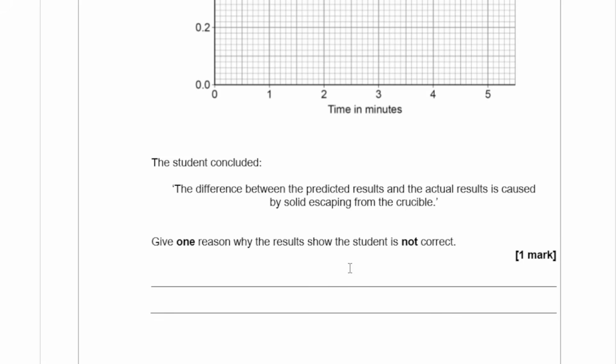The student concluded the difference between the predicted results and the actual results is caused by solid escaping from the crucible. If the solid escaped, then the final mass should actually change. But it doesn't. Give one reason why the results show that the student is not correct.